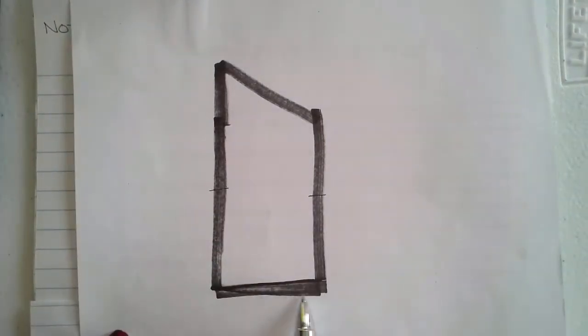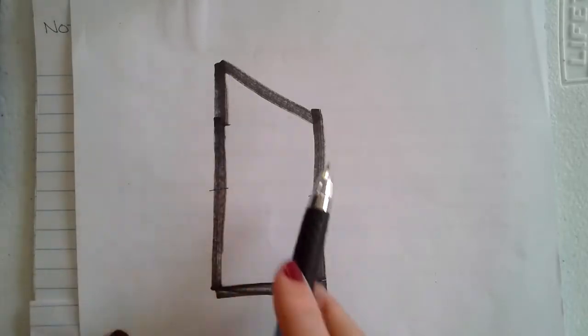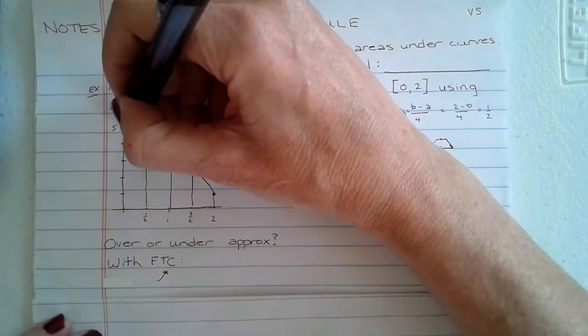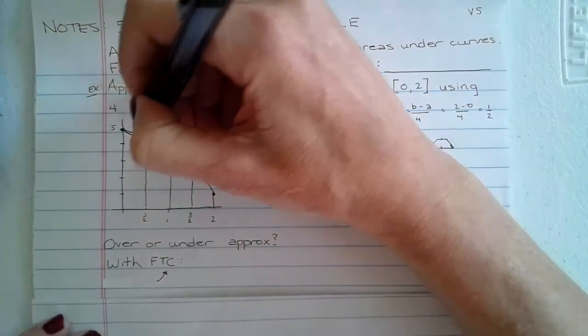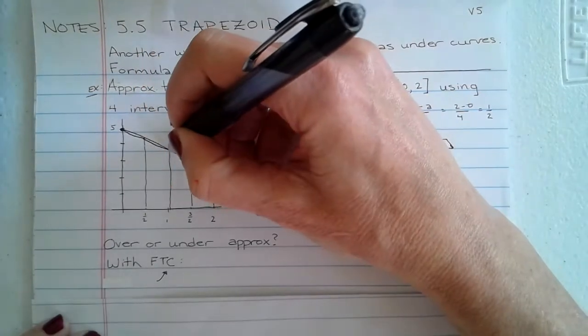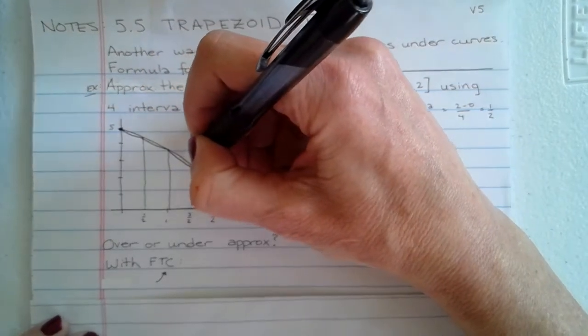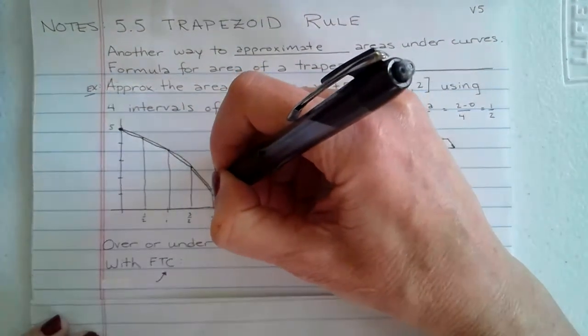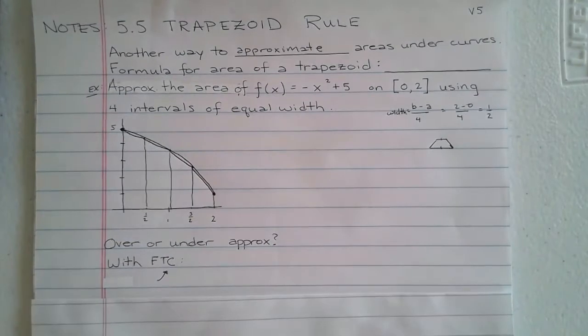The bottom will be the width is flat, and the top is where we're going to connect diagonally. So there's really no such thing as a left or a right. So let's make some here. Oops, here we go. And there we go. It looks like my trapezoids are going to be a bit under my actual curve, right?